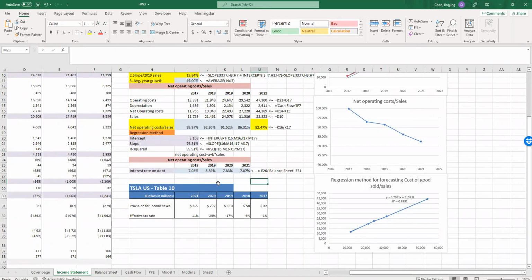Okay, you can obviously tell that the interest rate on debt is very stable, roughly 7%. So we can just feel comfortable using the last interest rate on debt, which is 7%.